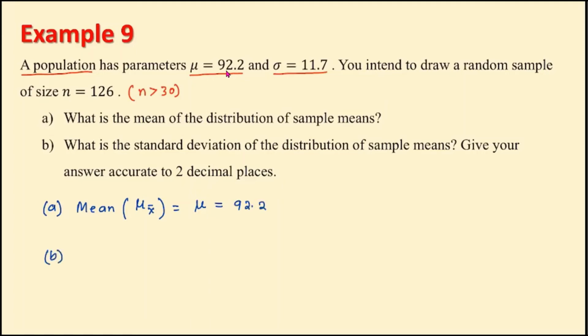Similarly, in part B, we are asked to find the standard deviation for the sampling distribution. What is the standard deviation of the distribution of the sample means? So standard deviation for the sampling distribution is denoted by sigma sub x bar and given by the formula sigma over square root of n.